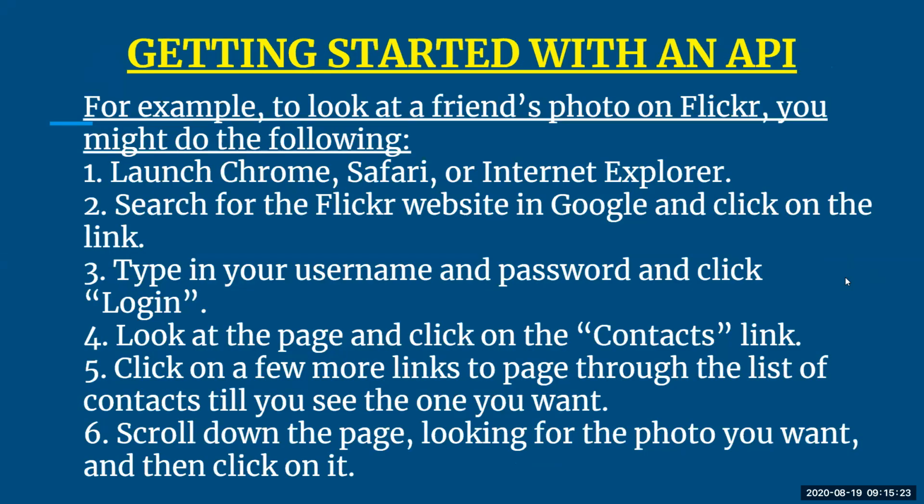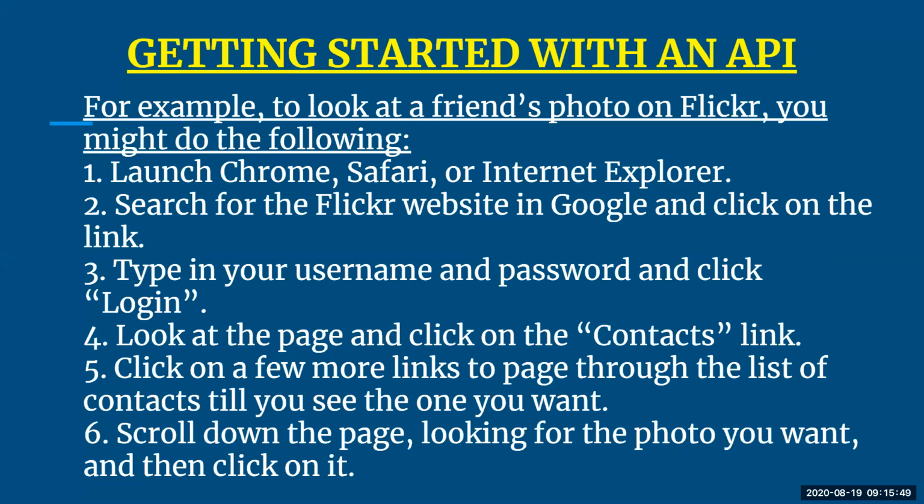Next, getting started with API. Let us first understand what we mean by API, with an example. Suppose you want to look at a friend's photo on Flickr. Flickr is an application just like Facebook. You might do the following: first, launch Chrome, Safari or Internet Explorer.